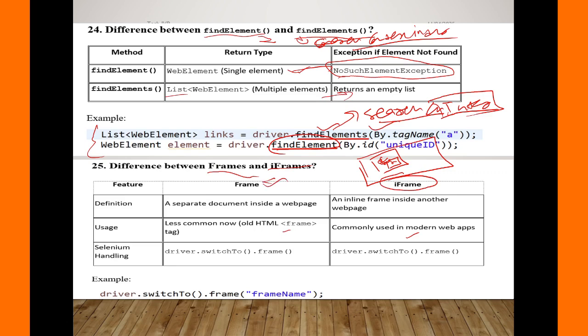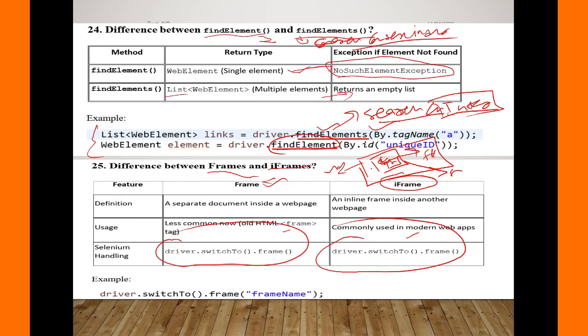Selenium handling: how can we handle frames in Selenium? In that case, we can use driver.switchTo().frame(). Suppose this one is your web page, this is frame 1, and this is frame 2.